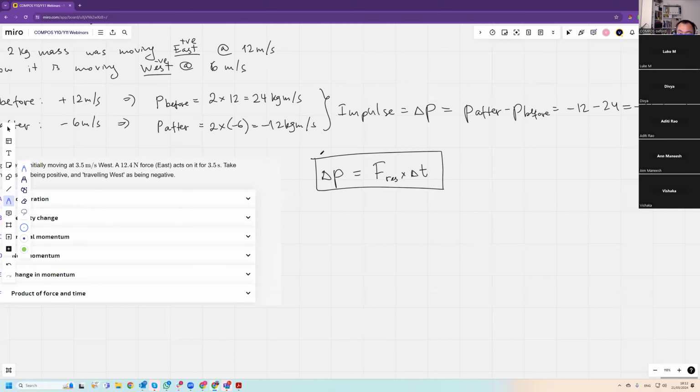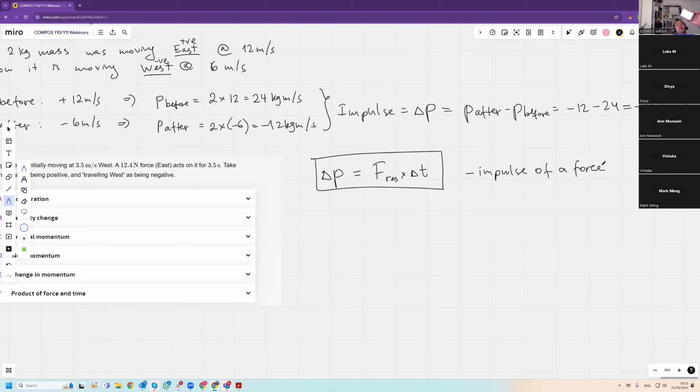That's why I call it impulse of a force. Impulse of a force is simply the force multiplied by the time for which it is acting. So if I take an object, this brick, and I apply a force to it, I will change the momentum of that brick.